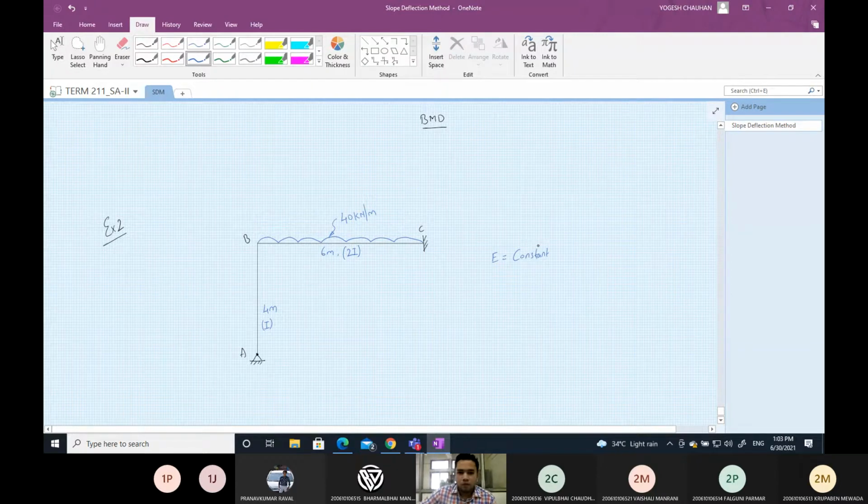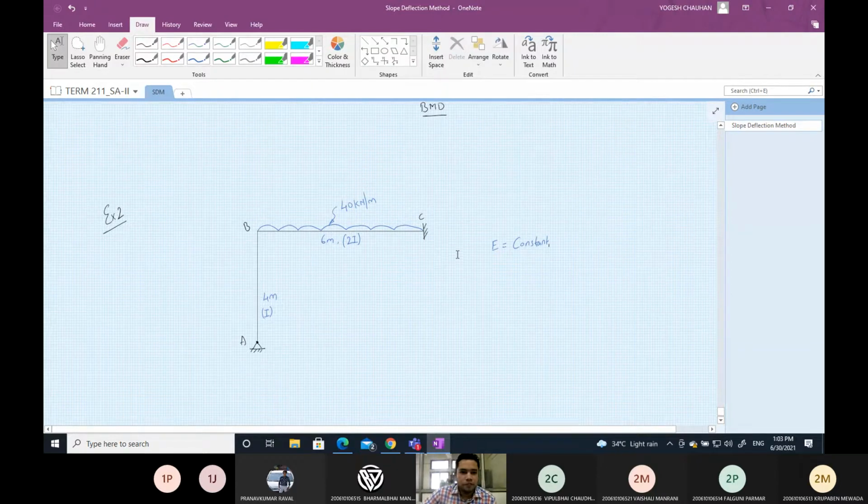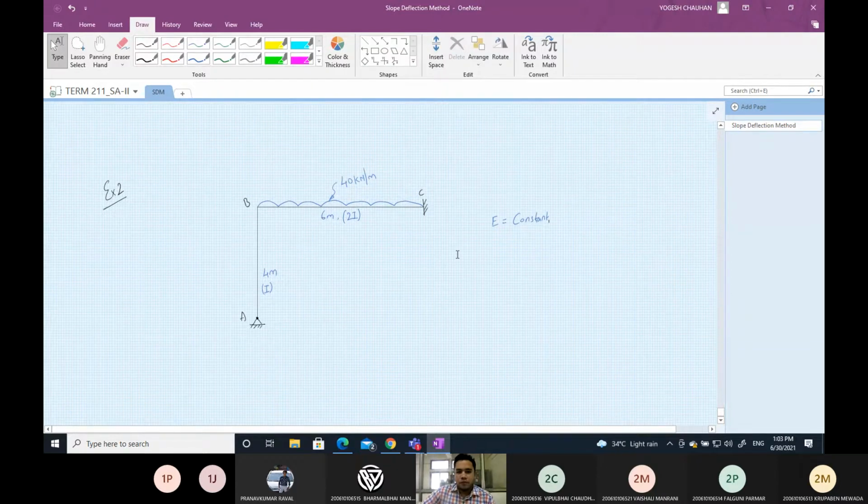So we have to analyze this frame. First you have to identify whether this frame is a sway frame or a non-sway frame. Now looking at the problem, here the geometry is unsymmetric.